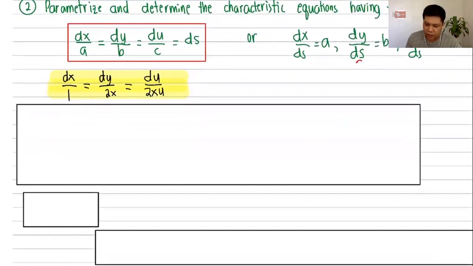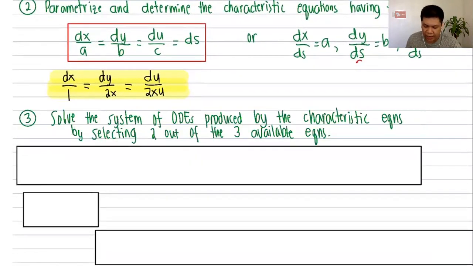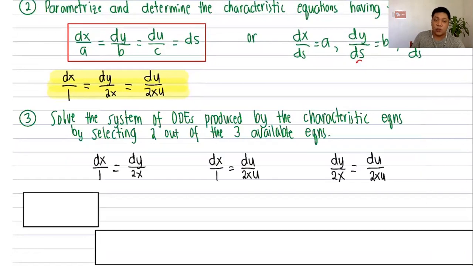After that, my next goal is again to select 2 out of the 3 available equations. From my characteristic equations, I can say that the 3 equations are dx over 1 equals dy over 2x, dx over 1 equals du over 2xu, and dy over 2x equals du over 2xu.